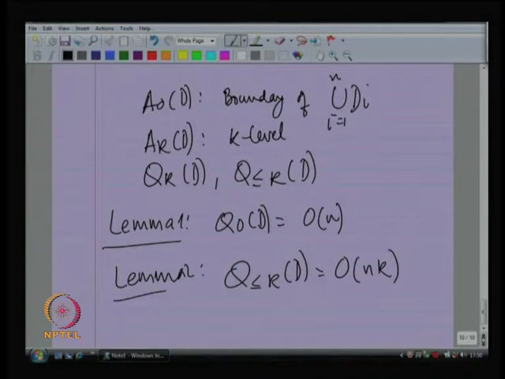Now, I can use this result to prove that the number of vertices that lie in the interior of at most k disks is only n k, and the proof is identical to what I gave here.